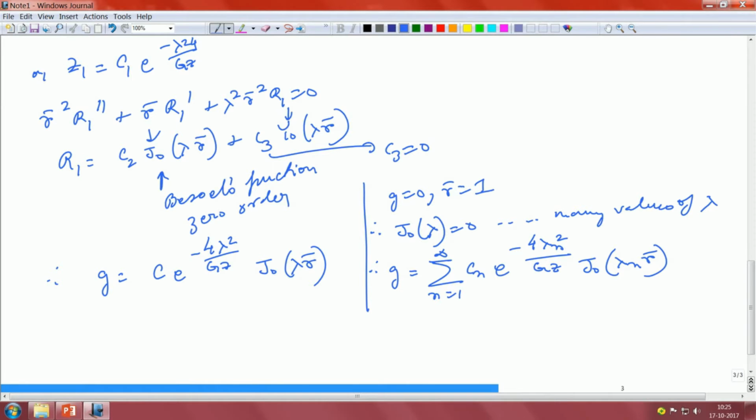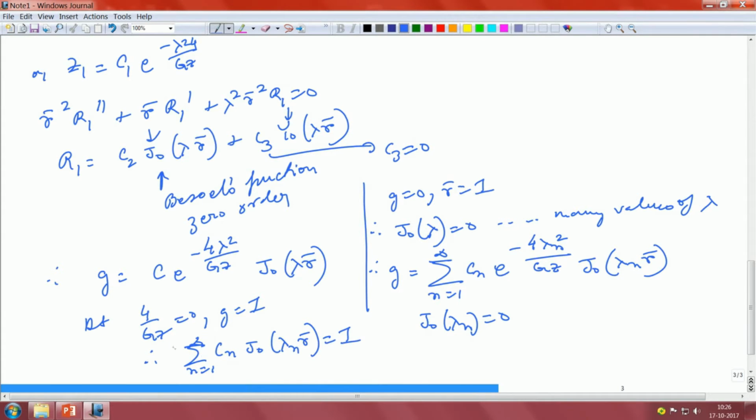Got it? And J naught of lambda n is equal to 0. So, multiple values of lambda n. Also at z bar by Gz equal to 0, G is equal to 1, that we also know. So therefore, the sum from n equal to 1 to infinity of Cn J naught lambda n r bar is equal to 1.